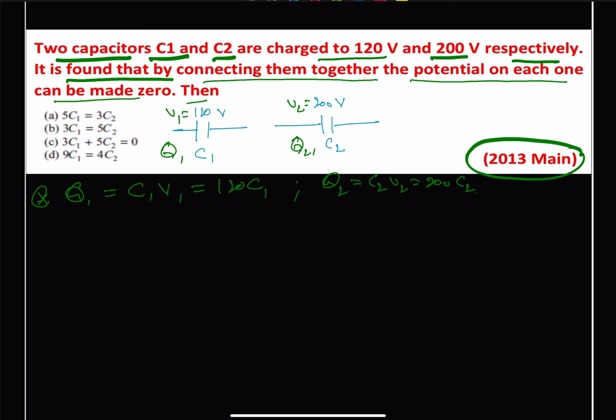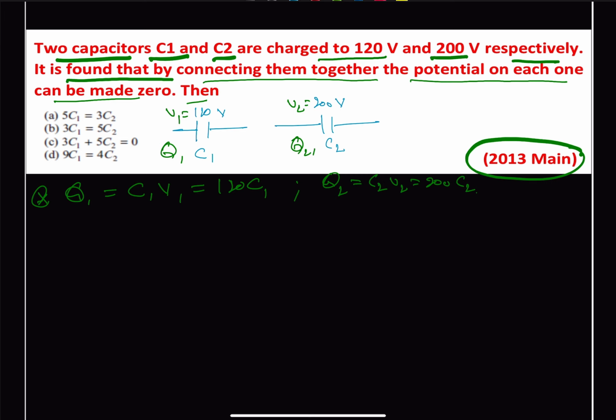And it is given that when they are connected, the potential on each can be made equal to 0. Which basically means that for the charge to be conserved, because they are not connected with anything, before and after, their sum should be equal to 0.